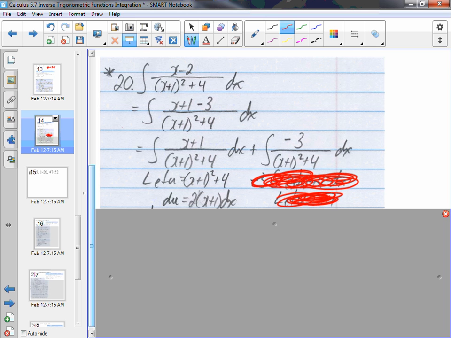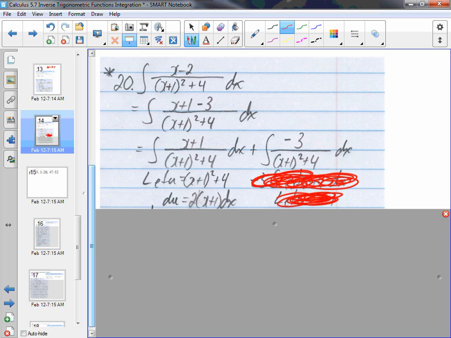That's u squared, right? Different u, u squared. 2u times the derivative of u. So 2 times x plus 1 times the derivative of x plus 1, which is 1. So 2 times x plus 1. What's the derivative of 4? 0 dx.